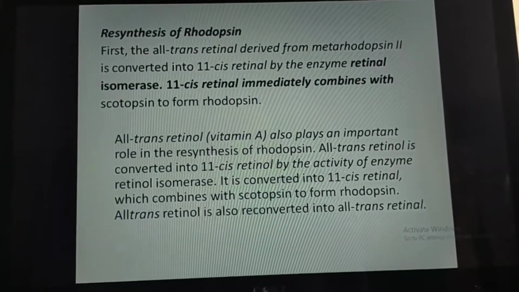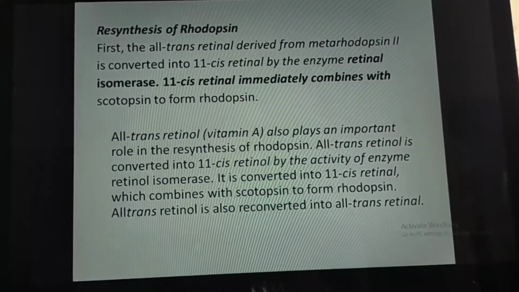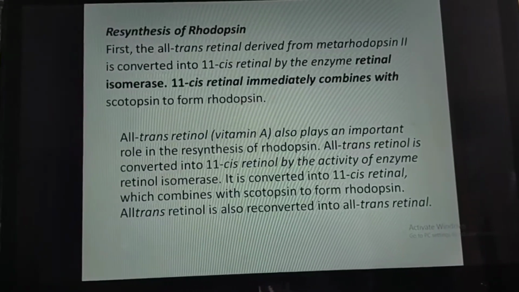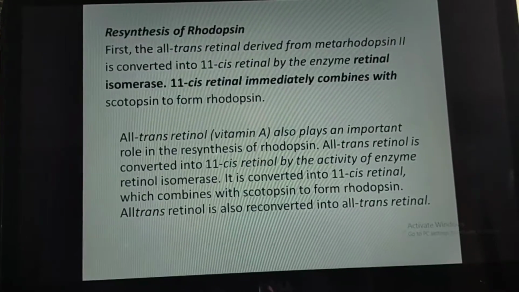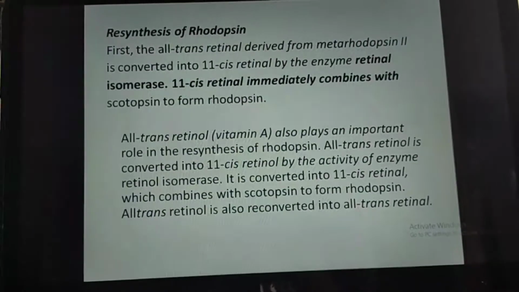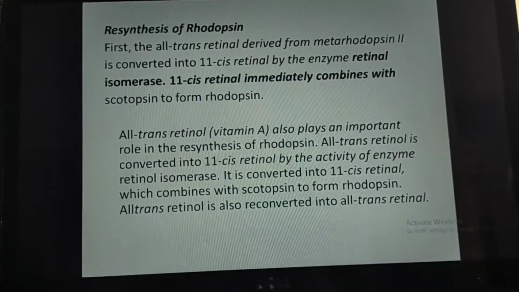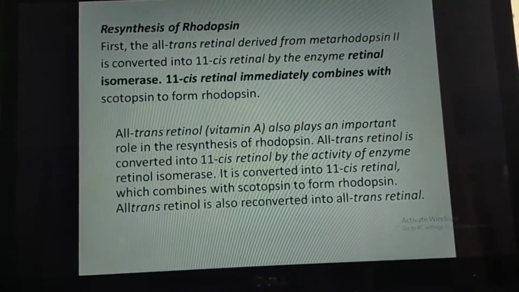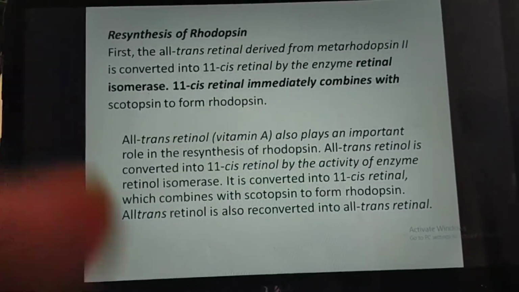All-trans retinol also plays an important role in the resynthesis of rhodopsin. All-trans retinol is converted into 11-cis retinol by the enzyme retinol isomerase. It is then converted into 11-cis retinal, which combines with scotopsin to form rhodopsin. All-trans retinol is also reconverted into all-trans retinal.